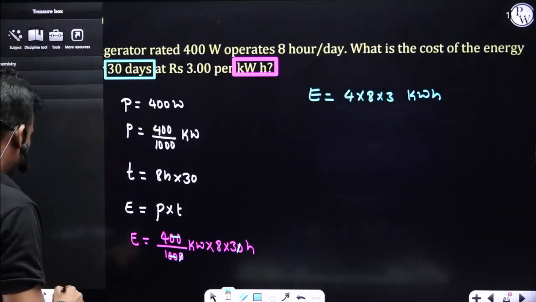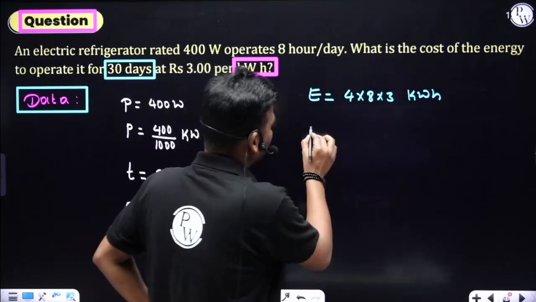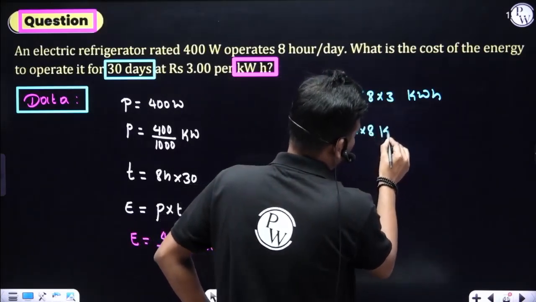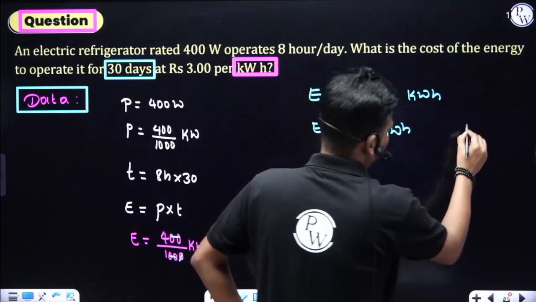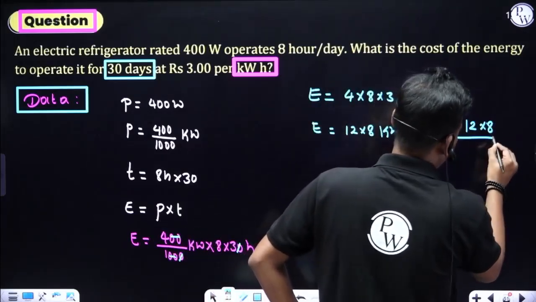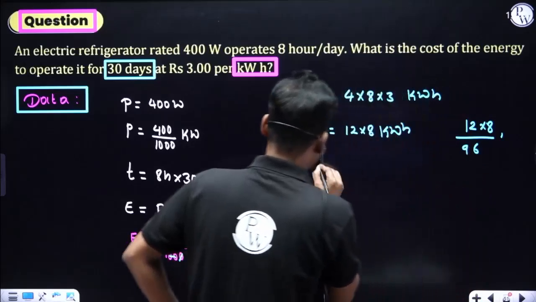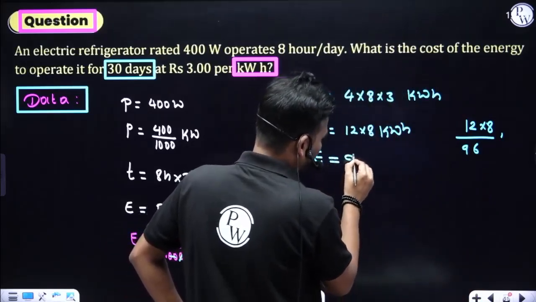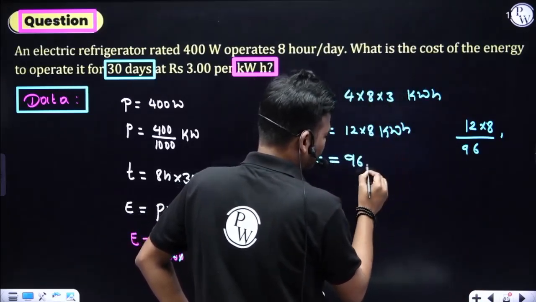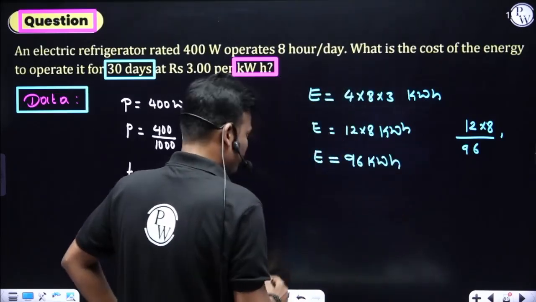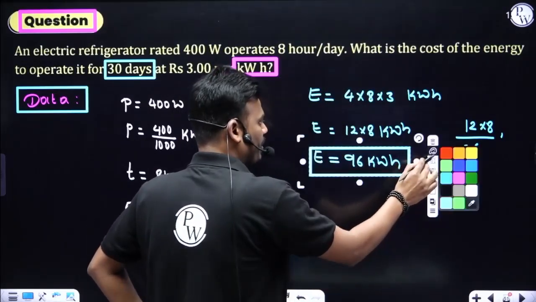Simple calculation. So E is equal to 12 into 8 kilowatt hour. 12 into 8 is 96. So total how many units have you used in an entire month? 96 kilowatt hour. So this is the unit.